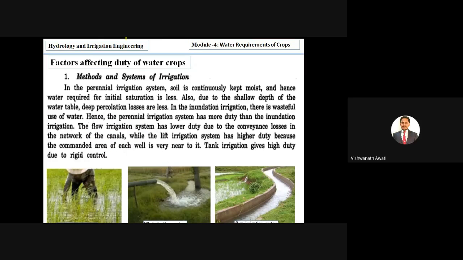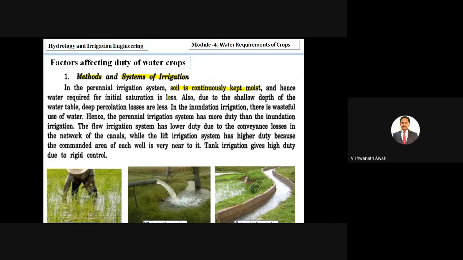First one is method and system of irrigation. We studied the system of irrigation, right? And which method we are adopting, based on that it affects the duty of water. In the perennial irrigation system, the soil is continuously kept moist, and hence the water required for initial saturation is less.